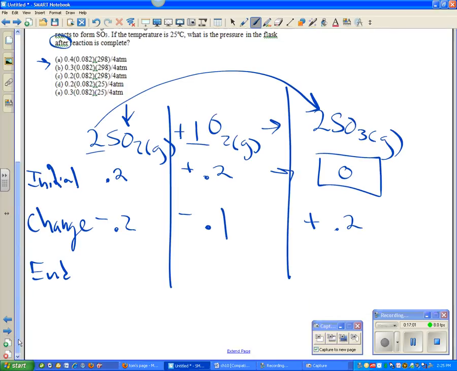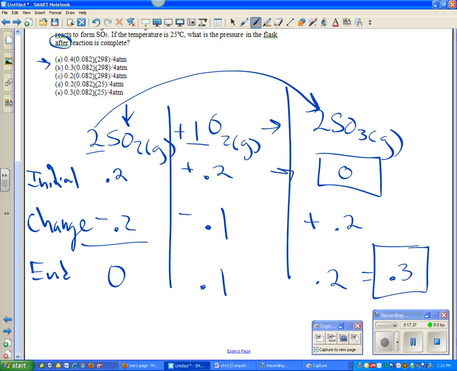Now let's look down here. You initially had 0.2, your change is 0.2, so your ending of SO2 gas is 0. Your O2 gas, you had 0.2, you used 0.1, so your end is 0.1. You had 0, you made 0.2, so you ended up with 0.2. So the total amount of moles is 0.3.